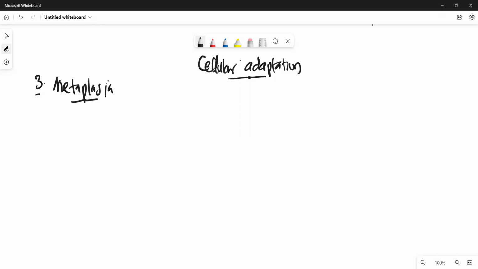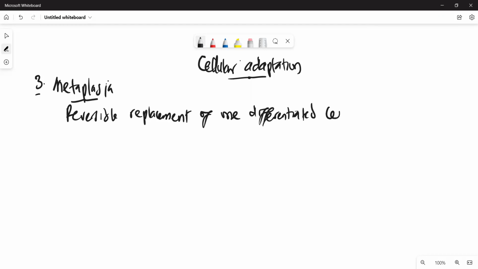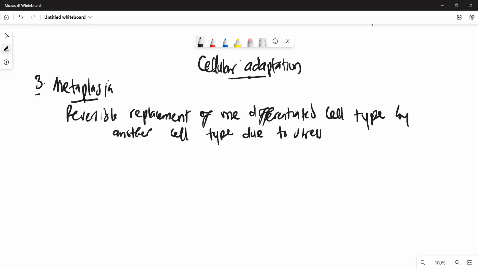This is a reversible replacement of one differentiated cell type by another cell type due to stress, right? Remember, unlike hypertrophy, there's increase in size.